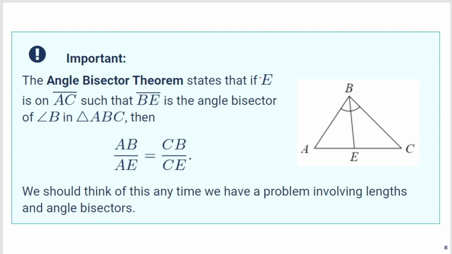So let's have a look at the summary here. This is called the angle bisector theorem, which states that if E is on side AC, such that BE is the angle bisector of angle B in triangle ABC, then we have the following conclusion: AB over AE equals CB over CE.